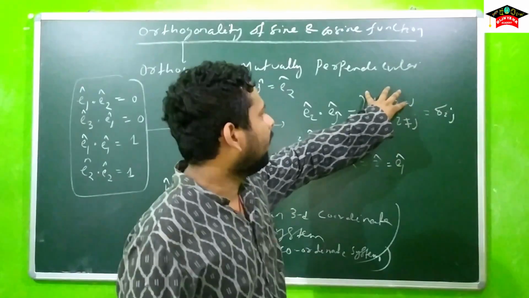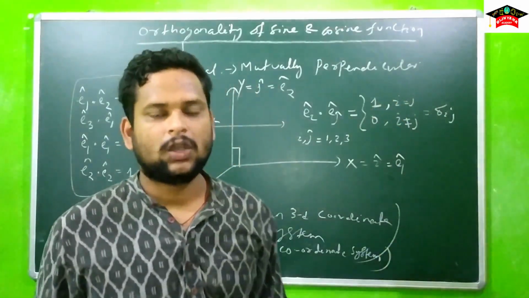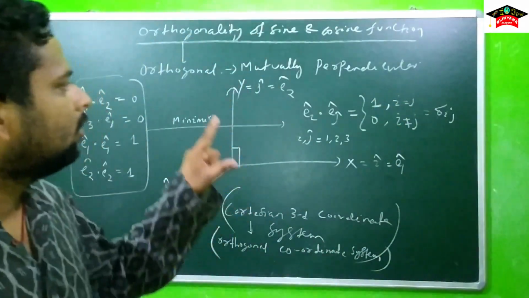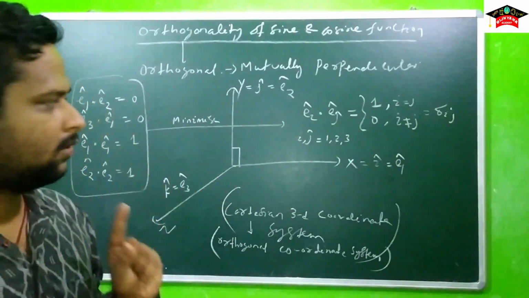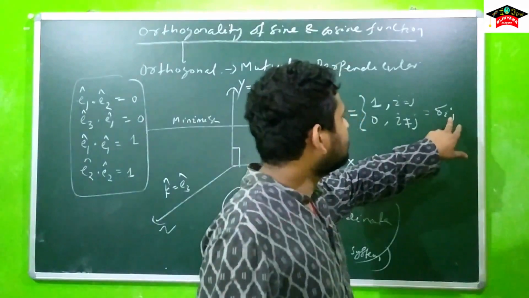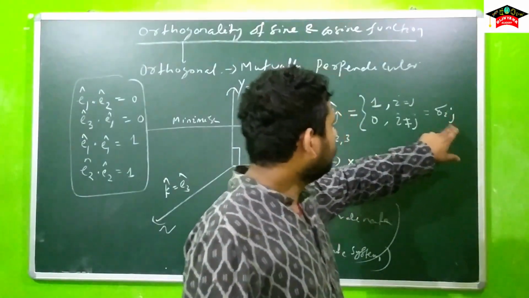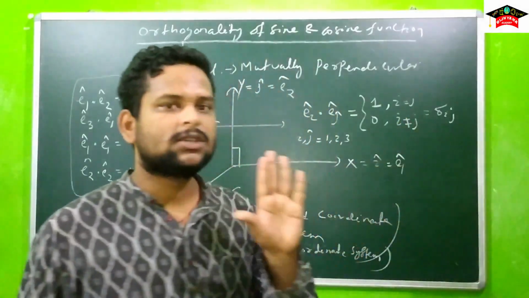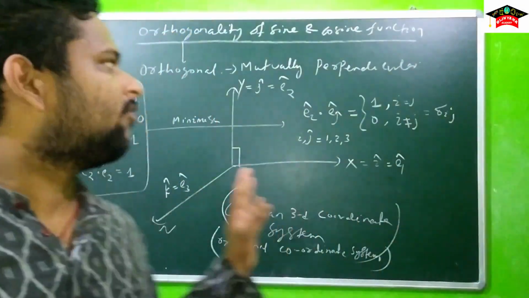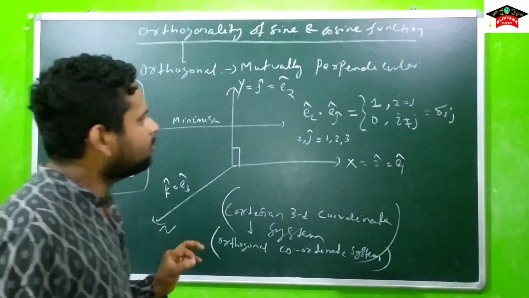So this whole condition can be concentrated into a single term, called the Dirac delta function. So delta ij means when i equals j, it will give 1, and when i is not equal to j, it will give 0. This was already studied in our first year, first semester, so there is no confusion about that.